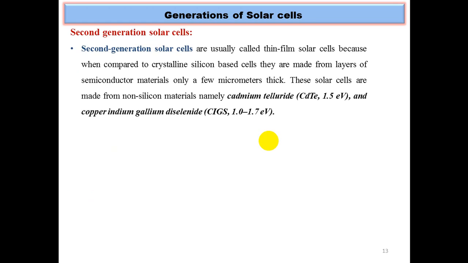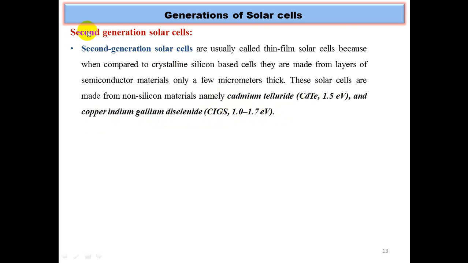The second generation solar cells include non-silicon materials such as cadmium telluride and copper indium gallium diselenide. Cadmium telluride has a band gap of 1.5 electron volt and the copper indium gallium diselenide alloy has a band gap of 1.0 to 1.7 electron volt. So more or less this band gap lies near that of silicon.